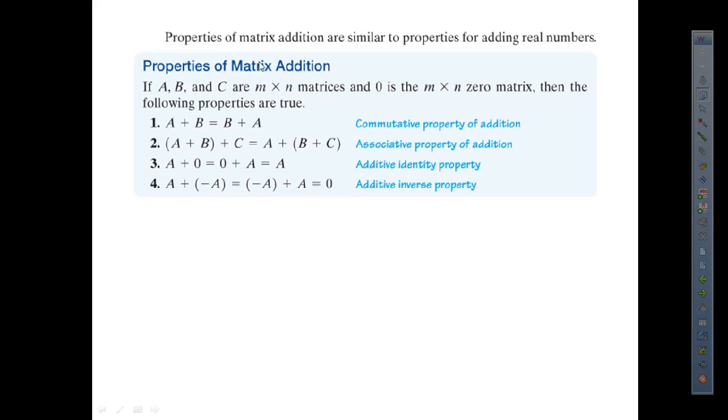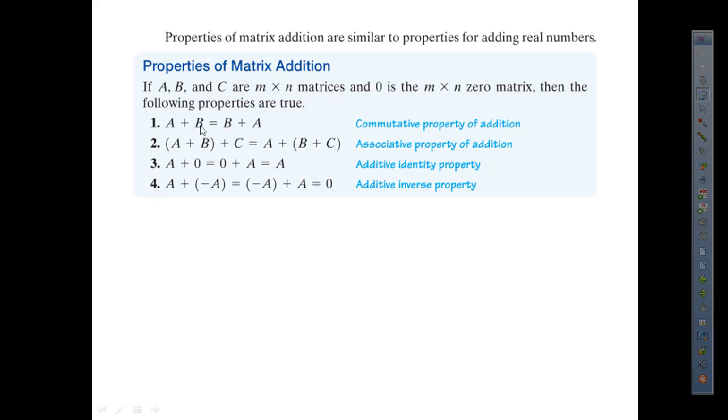All right, so here are the properties of matrix addition, and they're very similar to those for adding real numbers. If we have matrices A, B, and C, and they're all m by n matrices, and 0 is the m by n 0 matrix, then the following properties are true. Most of these we've already talked about, but a lot of these we're going to recognize from Algebra 1.